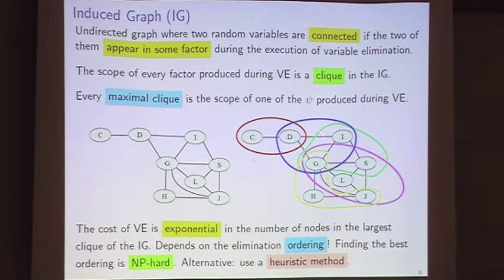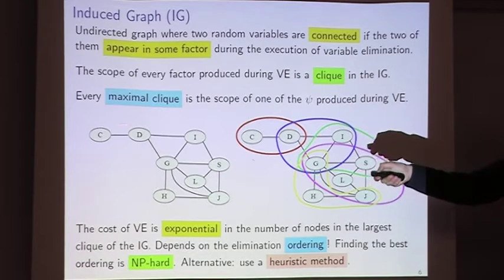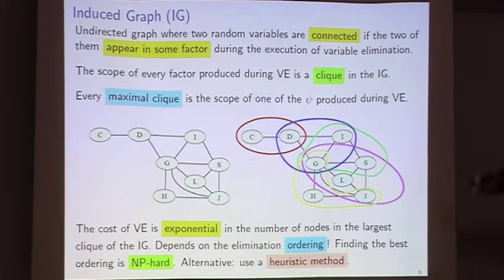So this is the induced graph, and we have the maximal cliques in this graph, which have been highlighted with these circles. We have that CD is a maximal clique because it is fully connected, and we cannot add another node to this clique without it ceasing to be a clique. The same for all the other cliques.